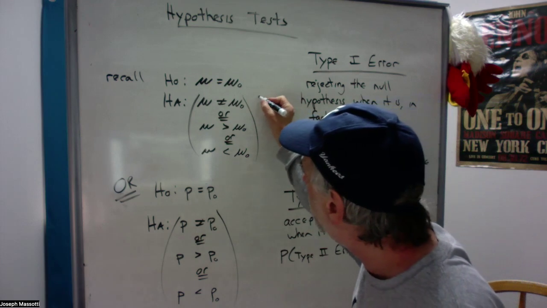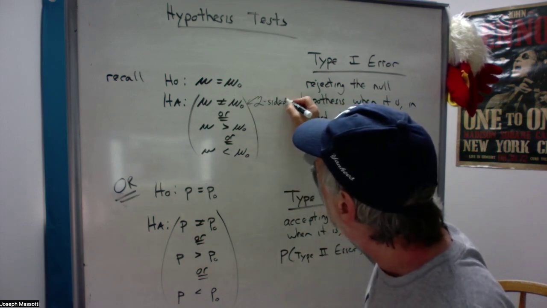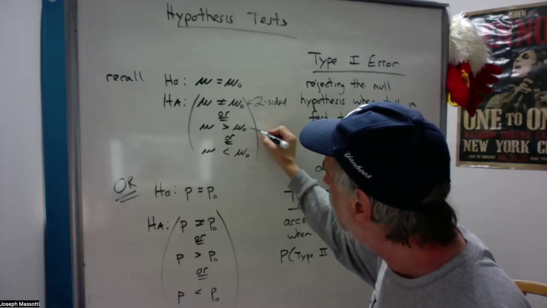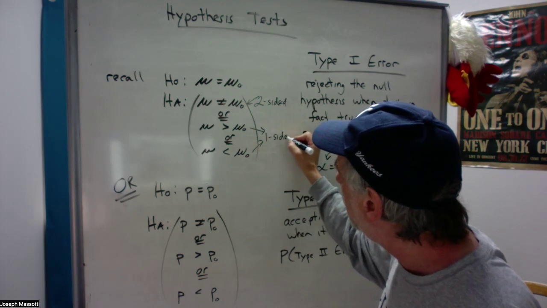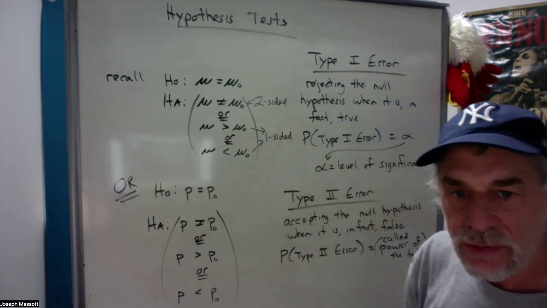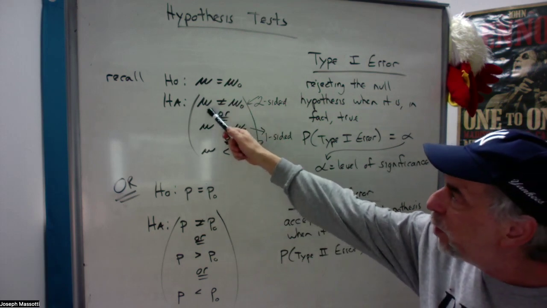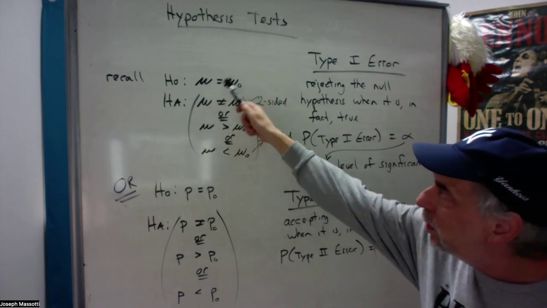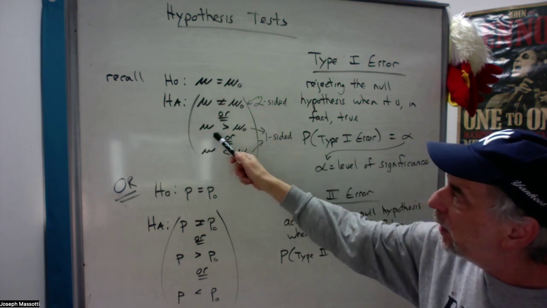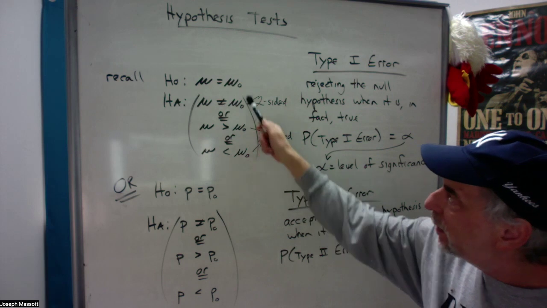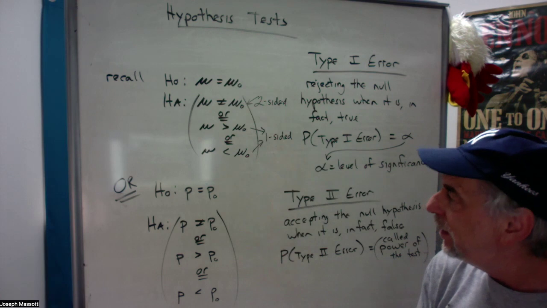This one is a two-sided alternative, whereas these two are called one-sided alternatives, right? Either the unknown population mean doesn't equal the value we think going in, or we are looking for evidence that it's greater than that value, or we're looking for evidence that it's less than that value.